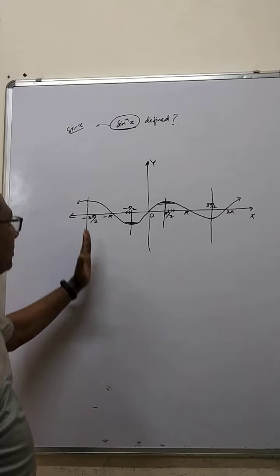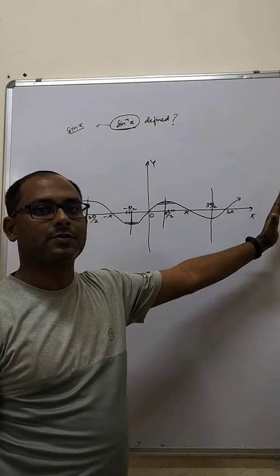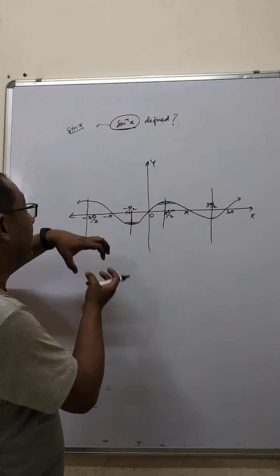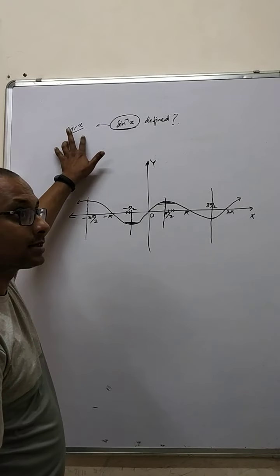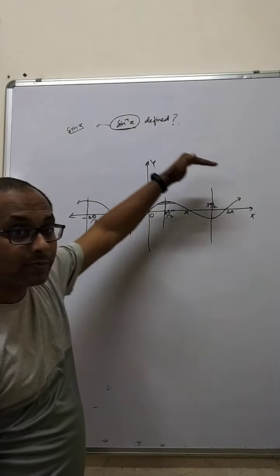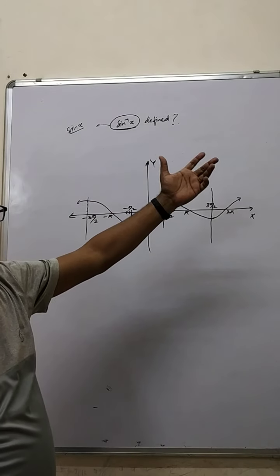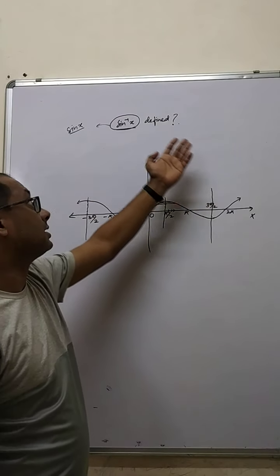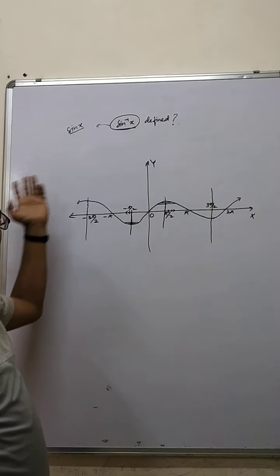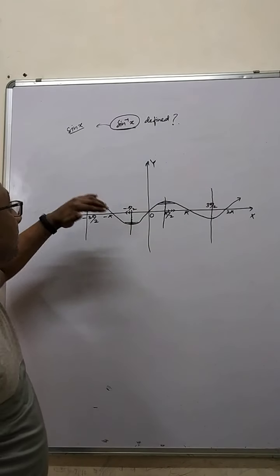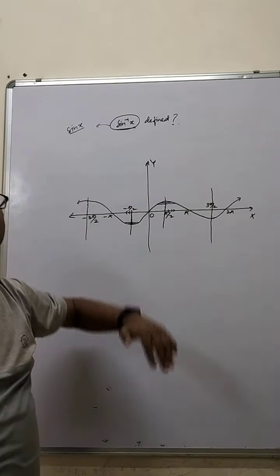Infinitely many intervals we can take as the domain of sine x, so that sine x becomes 1-1 and onto, and there is a possibility that another function will run from the range, that is -1 to 1, to the new domain. That is how sine inverse will come into existence.